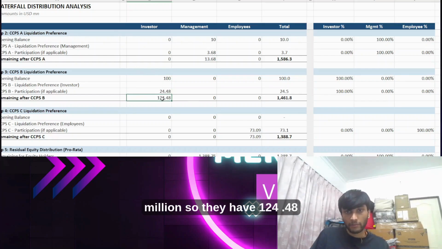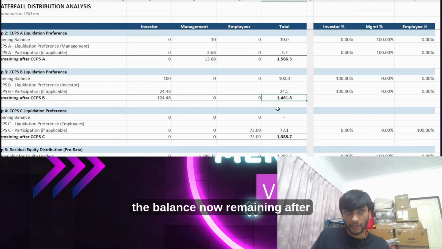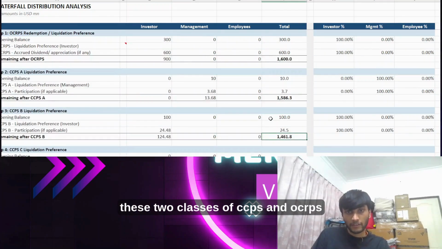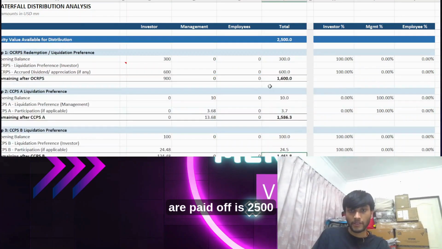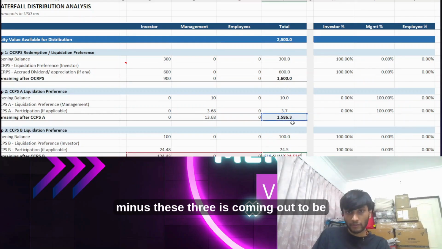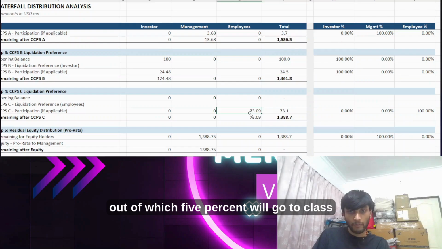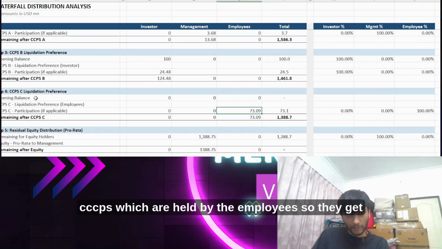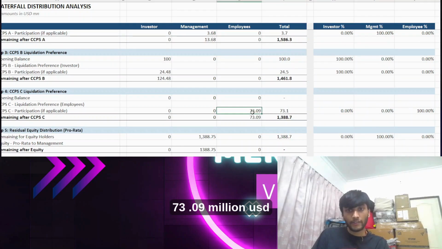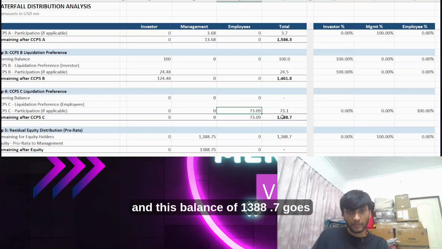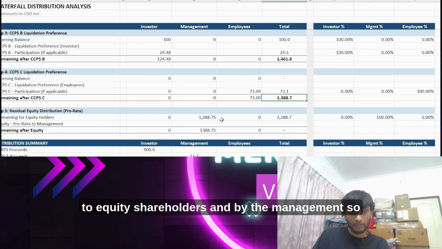So they have 124.48 out of 2,500 through CCPS class B. The balance remaining after these classes of CCPS and OCRPS are paid off, 2,500 minus these three, comes out to be $1461.8 million, out of which 5% will go to class C CCPS, which are held by the employees. So they get 73.09 million USD, and the balance of 1388.7 goes to equity shareholders held by the management.